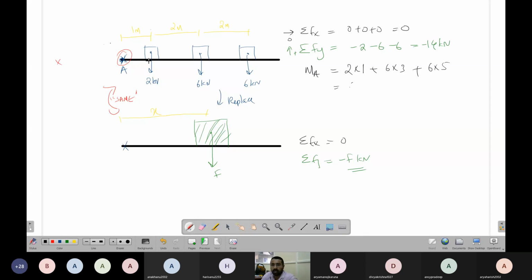Moment about A, 2 into 1 plus 6 into 3 plus 6 into 5. So 2 plus 18 plus 30. 18 plus 2 is 20, 20 plus 30 is 50.